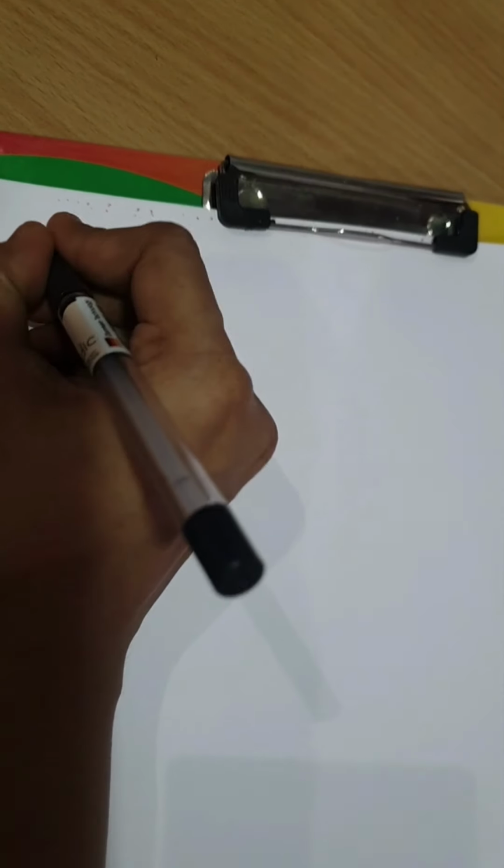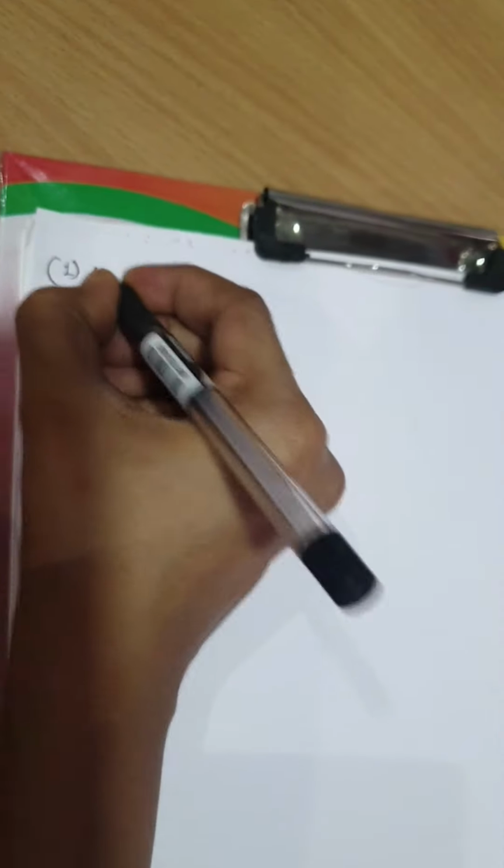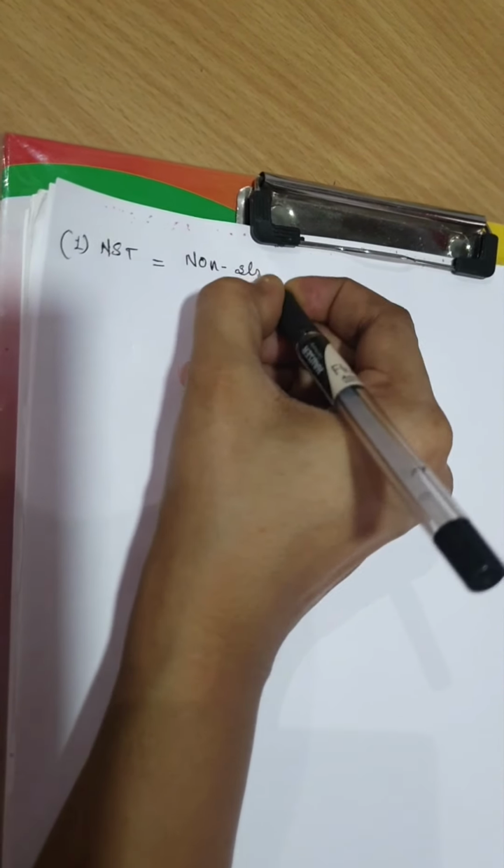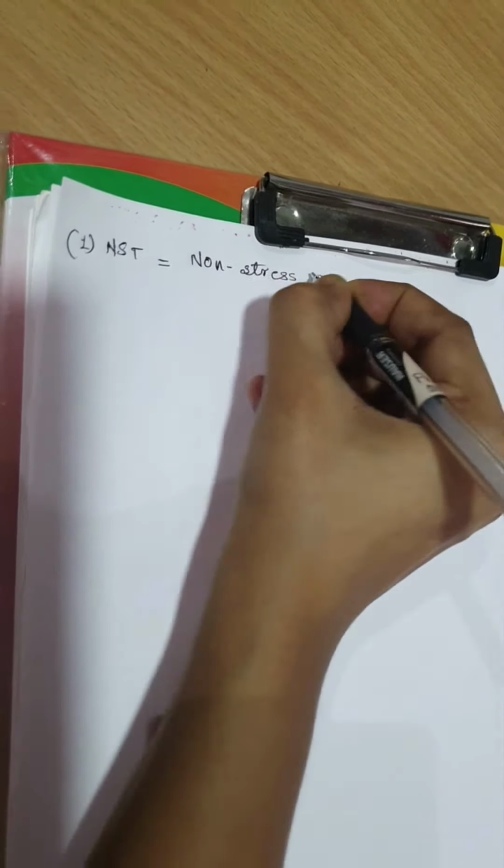First, it is done either by the NST, which is the non-stress test, and the second one is through the CTG, that is the cardiotocography. Now what is the non-stress test?